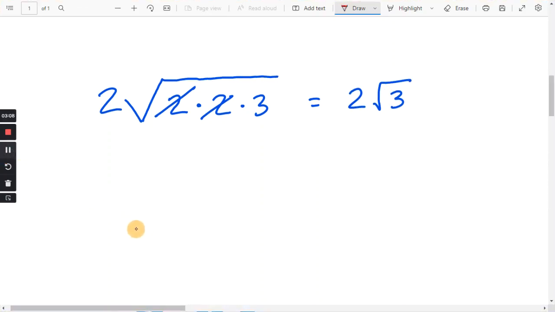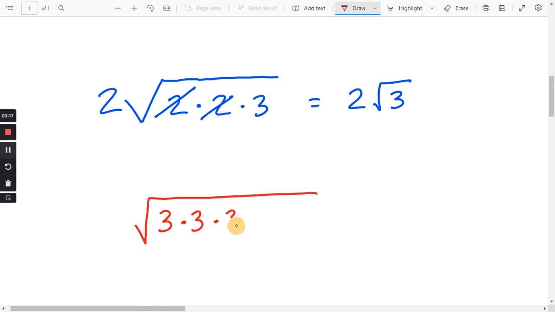All right, one more example. Let's say under the square root, you had 3 times 3 times 3 times 4 times 4. So we can cancel 2 of the 3's and bring that to the outside, and we can cancel 2 of the 4's and bring that to the outside.